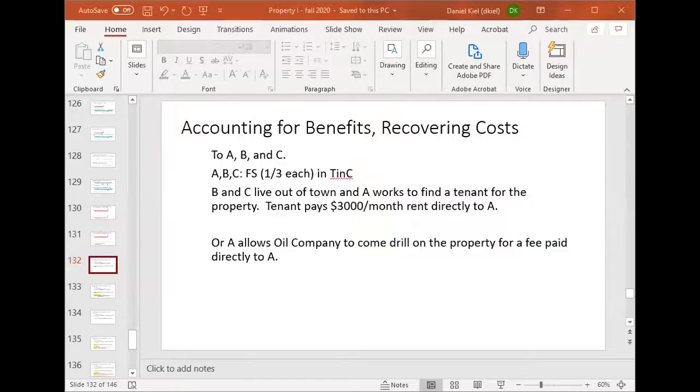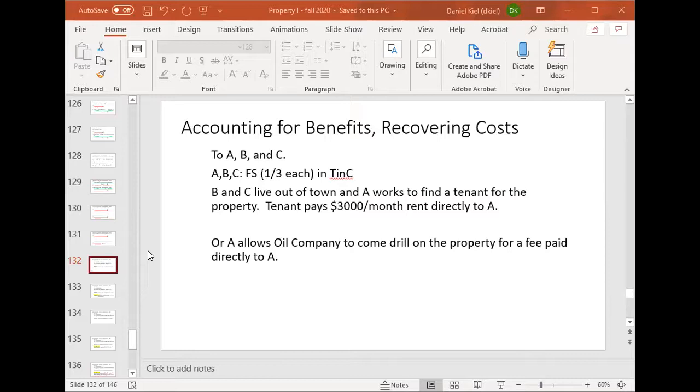All right. And so we're going to start with a basic conveyance to A, B, and C, where A, B, and C are tenants in common with 1/3 each. And we'll begin with some basic facts, which are B and C live out of town. A finds a tenant for the property.